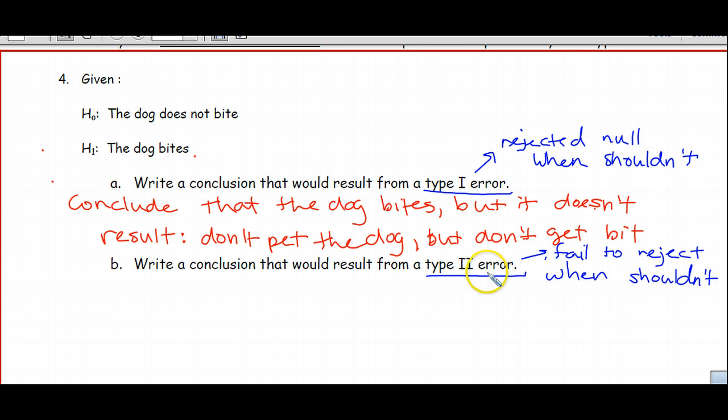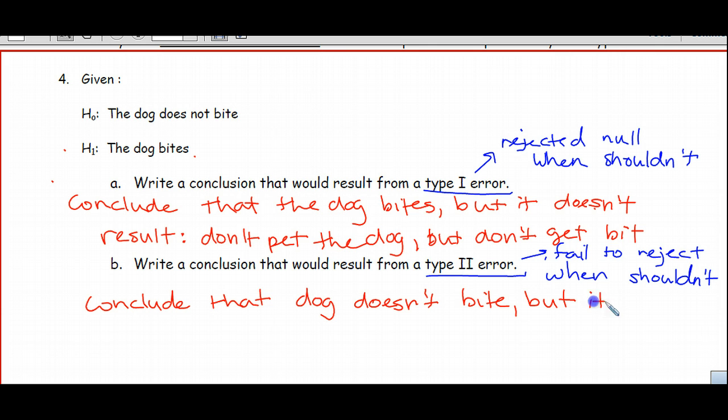Let's do the type 2 error. I'm holding my finger over this. I assume that the dog does not bite, so I conclude for myself that the dog doesn't bite, but it actually does. Result?